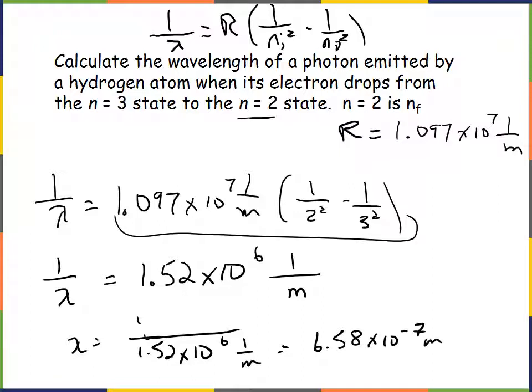If I put this into nanometers, I'm going to get 658 nanometers, which is the red line from the hydrogen atom. Equally, you can use the value where you're looking at the Rydberg constant, or R, 2.18 times 10 to the minus 18, and get your energy for this instead. I'm simply going straight to wavelength.